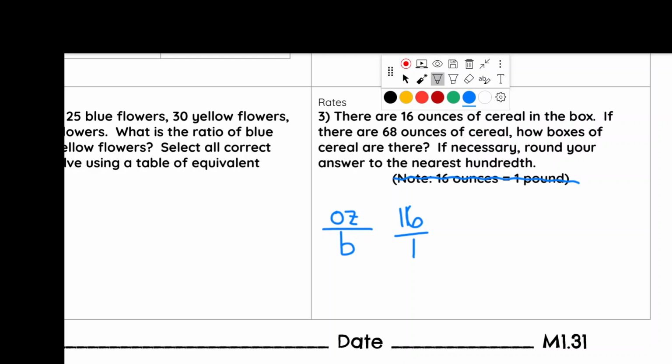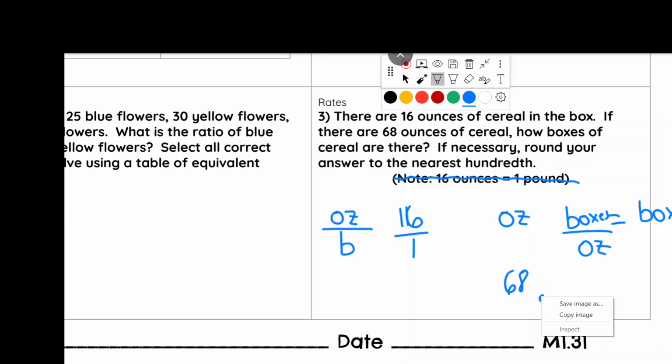So I am going to start with the ounces, and I want to end with the boxes. And I have my conversion rate of boxes per ounces. So there are 68 ounces is what I start with, and I have one box per 16 ounces.